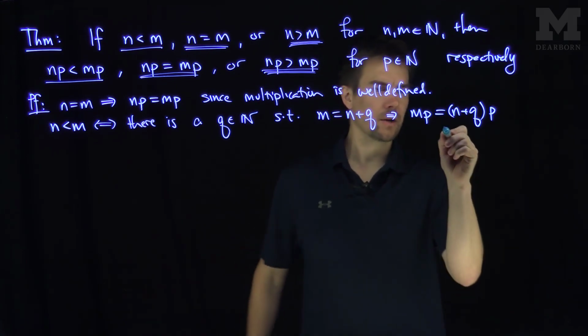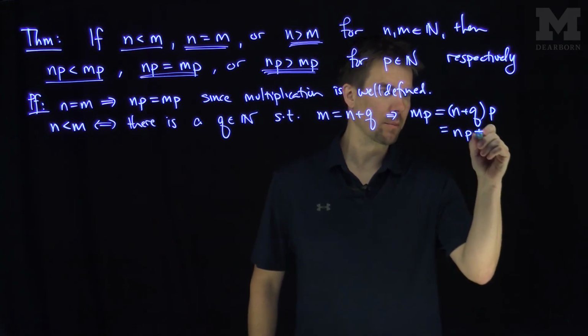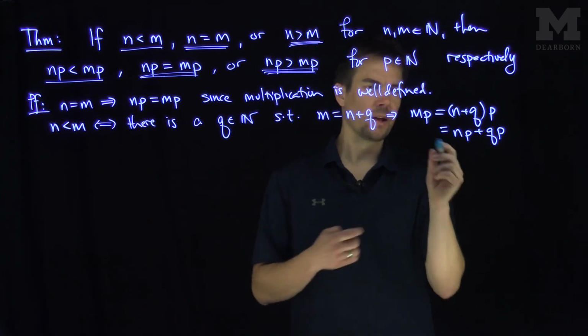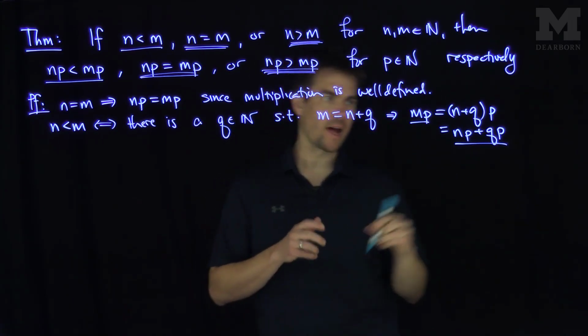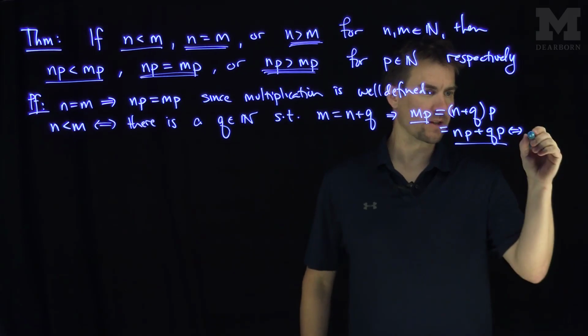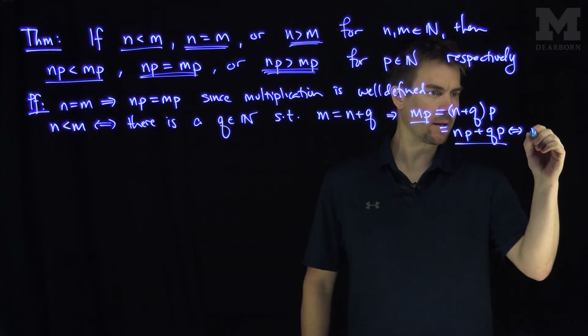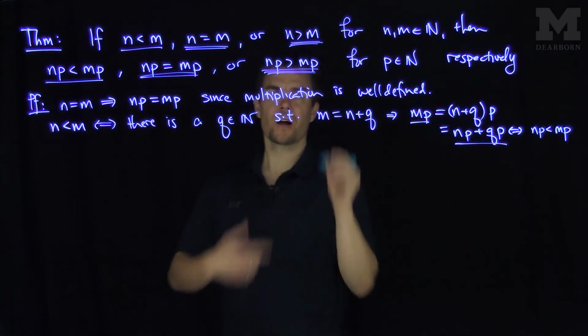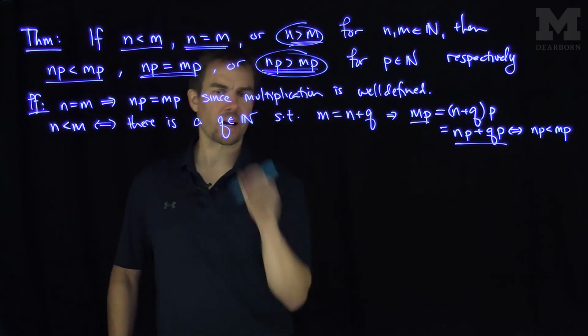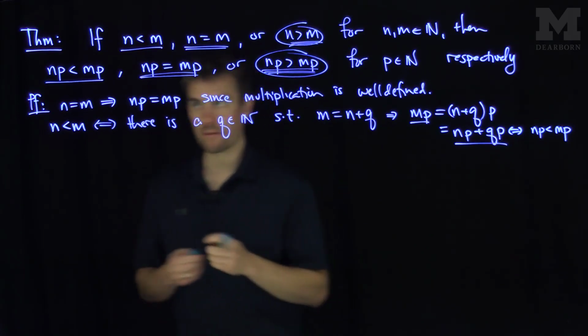So this is equal to np plus qp, and this expression tells me that np is less than mp. That gives us a result. The other case is exactly equivalent, I just flipped the order of everything.